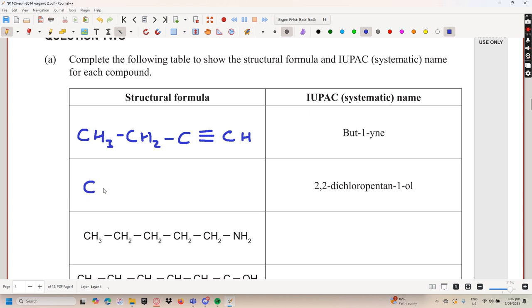So you hear pent, so there must be 5 carbons involved. A 1-ol means there'll be an OH group there, and dichloro means there must be 2 chlorines on the second carbon. This is the first carbon, this is the second carbon.